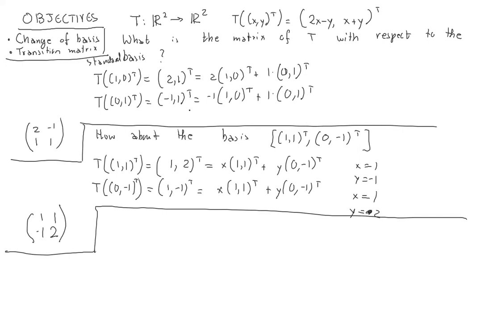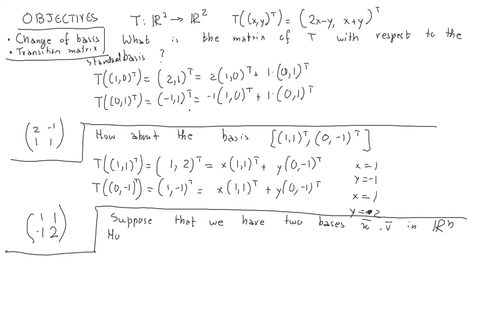Okay, and there is a very simple method to do that. So suppose that we have two bases, U and V, in Rn. Let's say that we're working in Rn. What I'm saying could have been true for any other vector space, but let's say that we work in Rn.